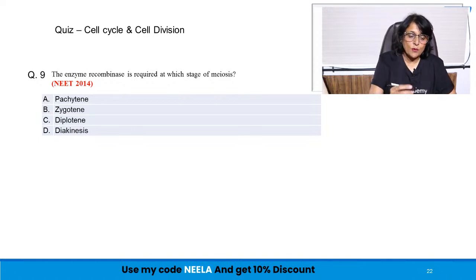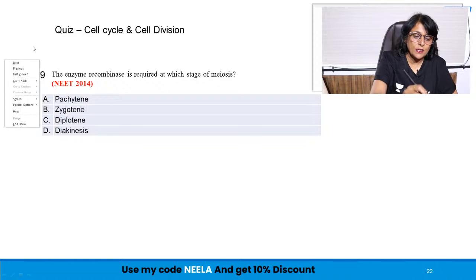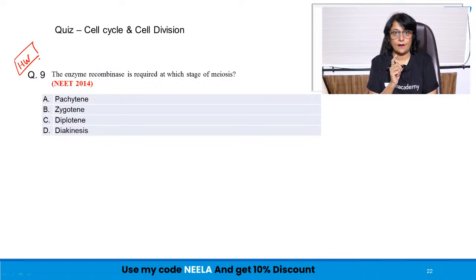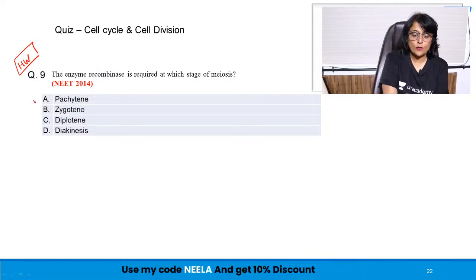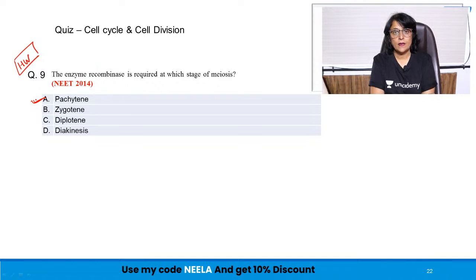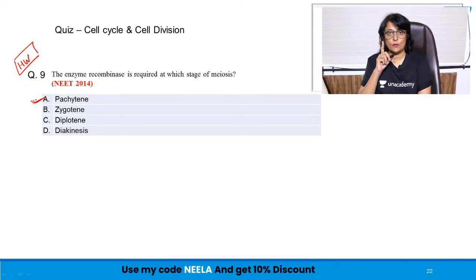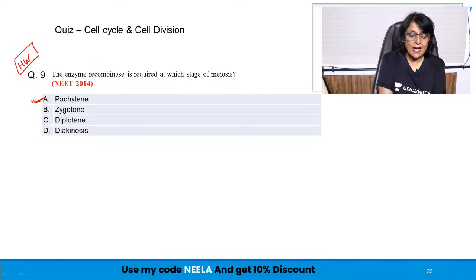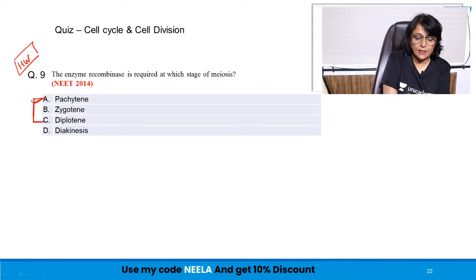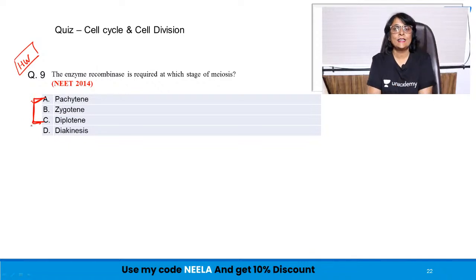So I am going to leave this question as your homework question, because right now most of you have given pachytene. We have to pick the answer according to our NCERT. So you will have to choose between these two, and that you will do after you read that paragraph from your NCERT.